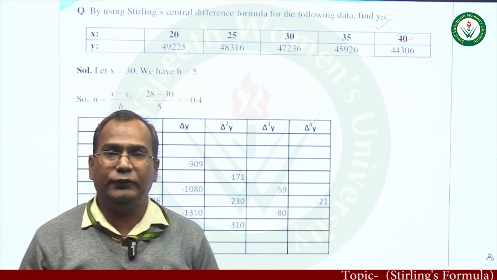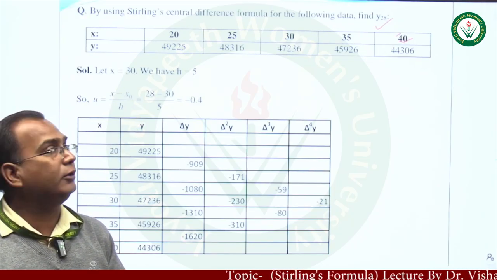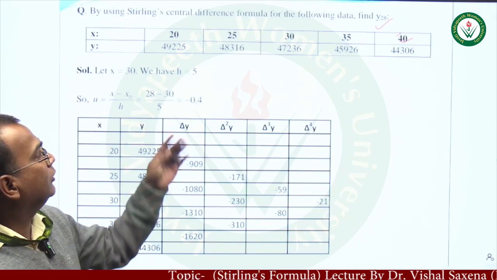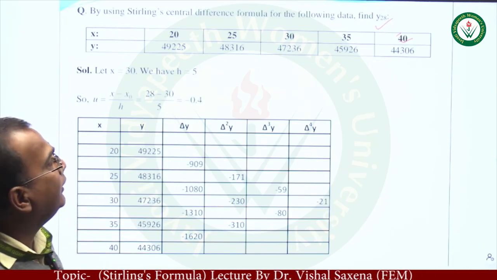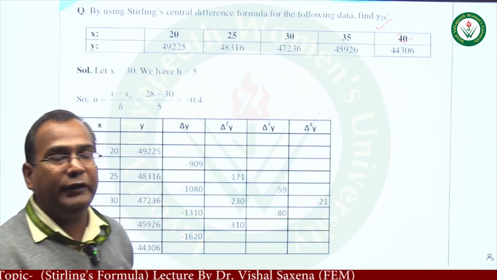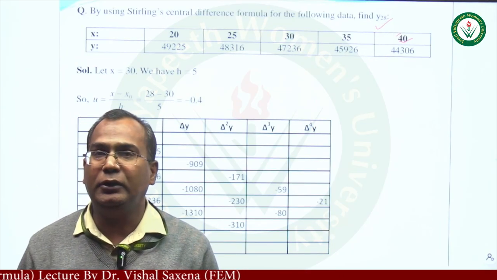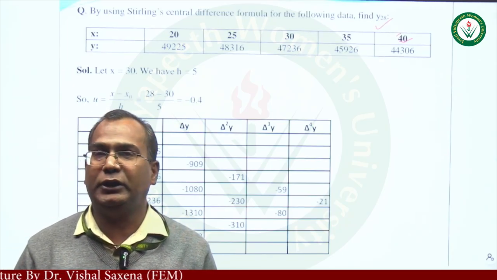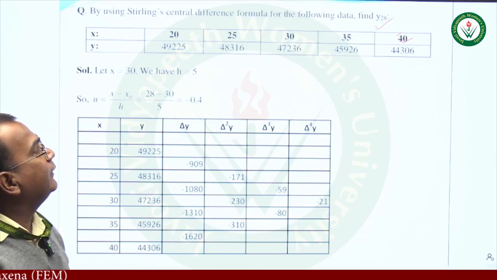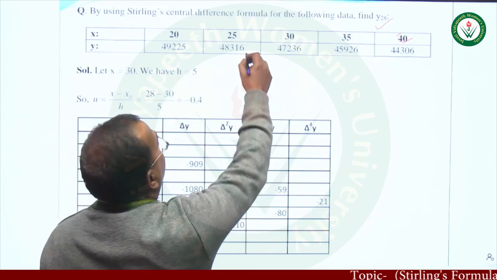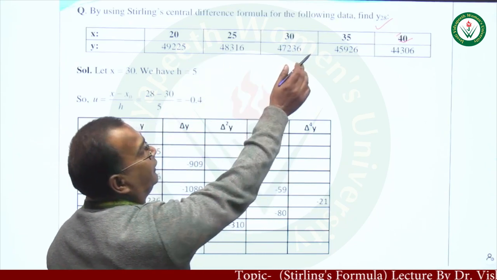These are the values of X, and the values of Y are mentioned corresponding to these values of X. So Y28 is required here, and Y28 means the value of X is 28, at which Y is to be calculated.